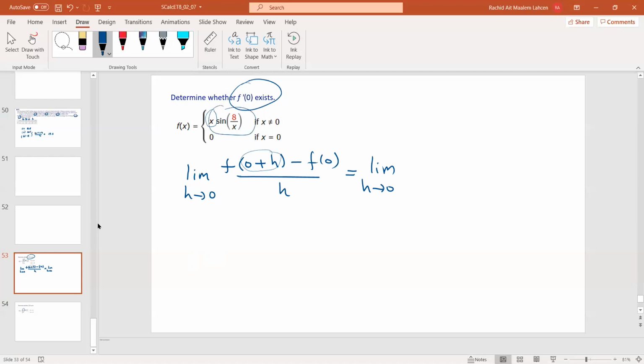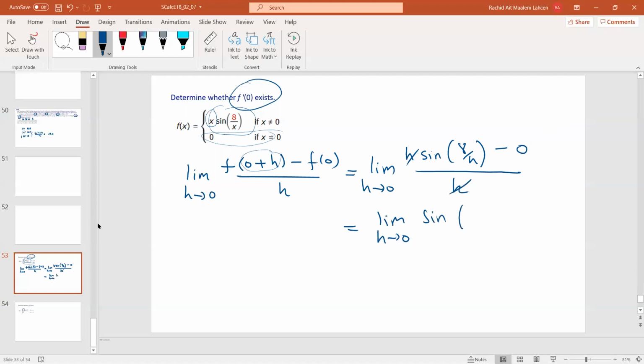So now we put that there, h sine of 8 over h. And f of 0 is just 0, over h, so the limit as h approaches 0, this cancels and gives us this.